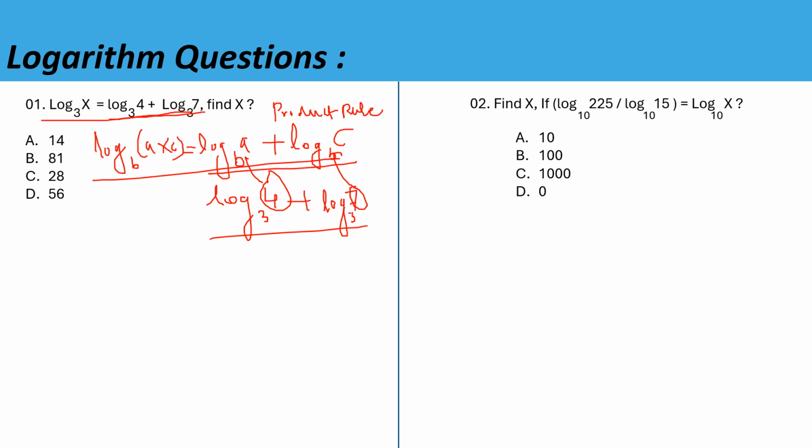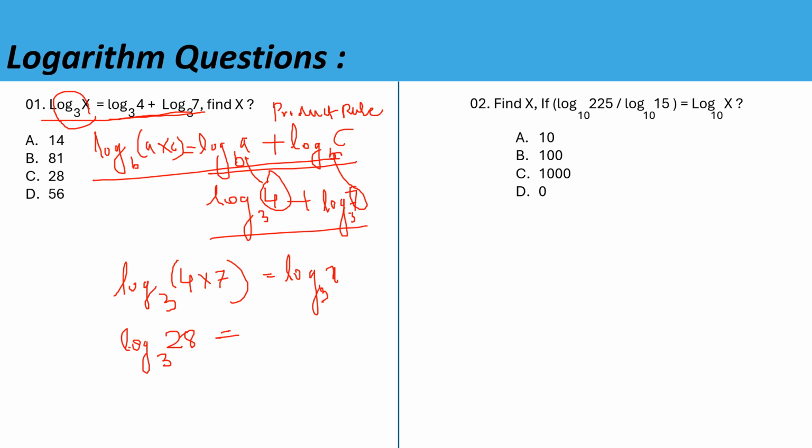Okay, so we have this now, which actually means log 4 into 7 to the base 3 is equal to this equation log x to the base 3. Okay, now log 28 to the base 3 is equal to log of x to the base 3. Log to the base 3 will get cancelled and x is equal to 28. Okay, so this is the answer.